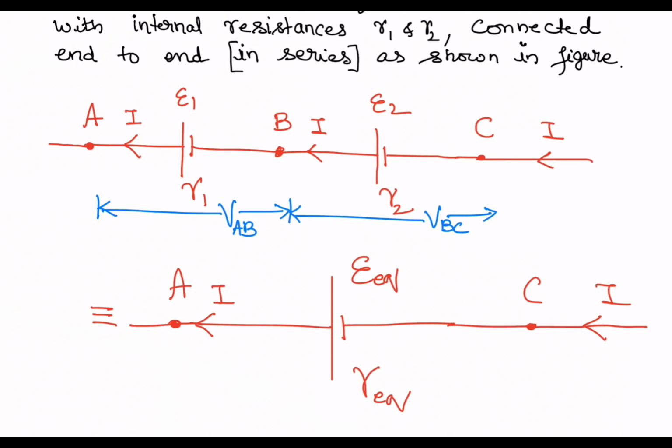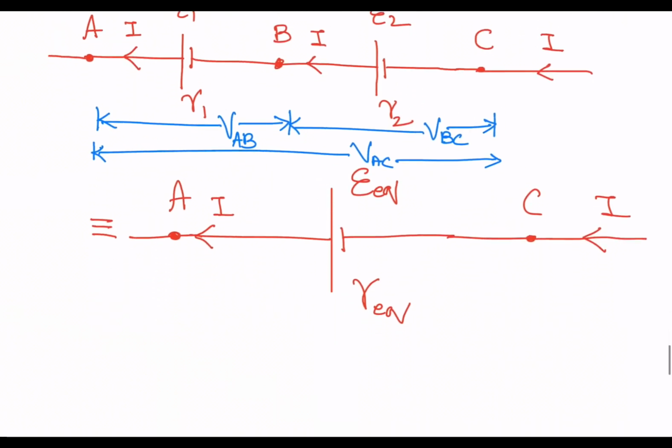And the total potential drop between the points A and C, let it be VAC. And even in the second case also, let the potential drop between the points A and C be VAC.